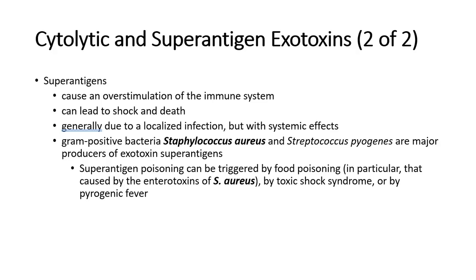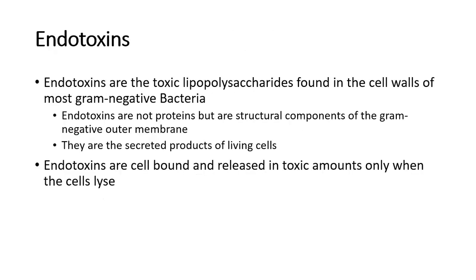And poisoning can be triggered by food poisoning, particularly Staph aureus, toxic shock syndrome, pyogenic fever, really high fevers, but these guys can kill you if you don't get care quickly. That's why we get pretty aggressive at certain times, and that's how people can die from these infections.